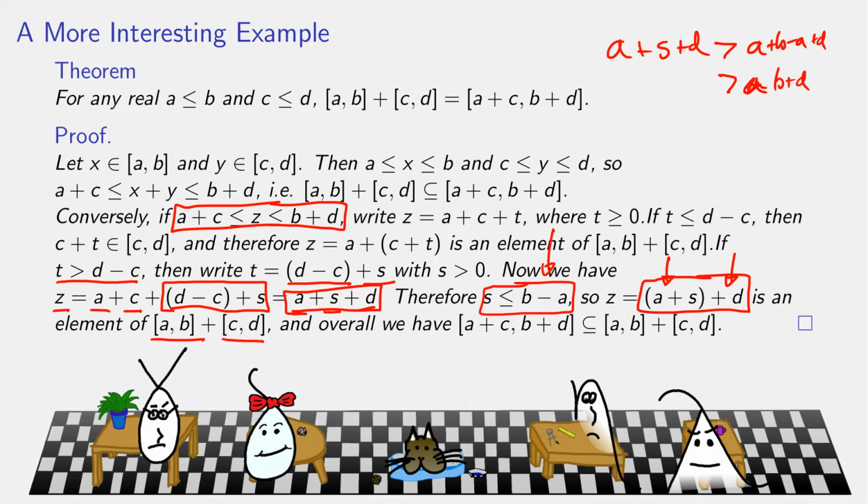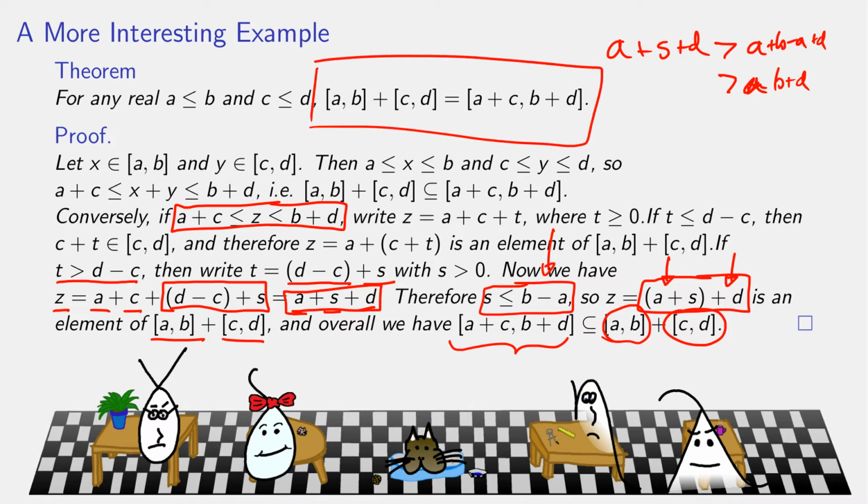In either case, we found that the element z, which was an arbitrary element of this interval, can always be expressed as something from AB plus something from CD. Therefore, the interval from a plus c to b plus d is a subset of the interval AB plus the interval CD. And since we have shown both directions of set containment, the two sets are equal. We have established this claim from the beginning.